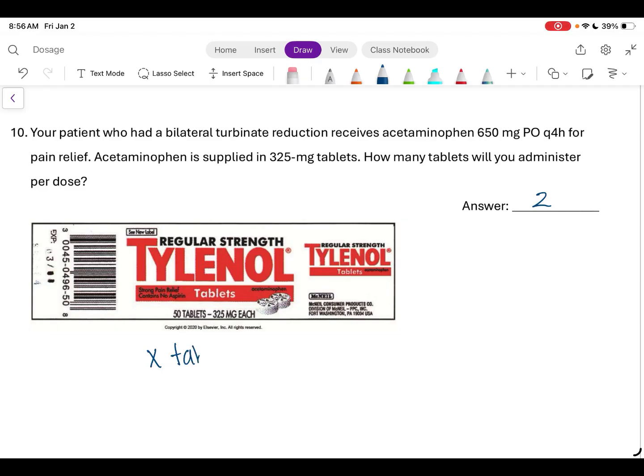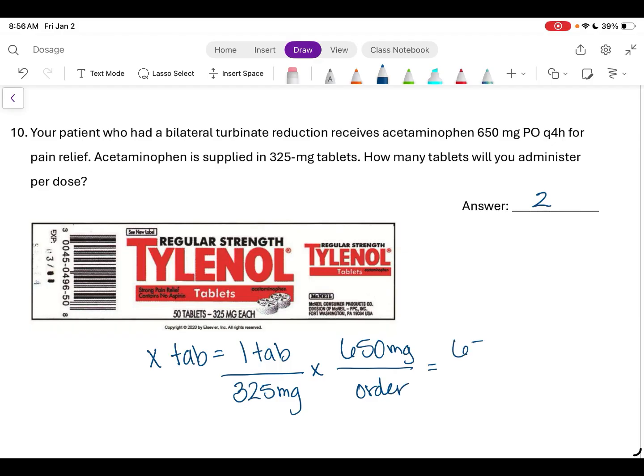X tab. 1 tablet is 325. Your order is 650. 650 divided by 325 is going to give you 2.